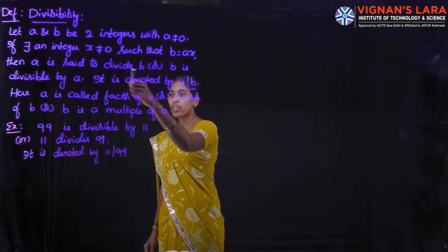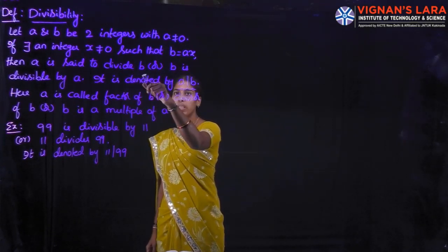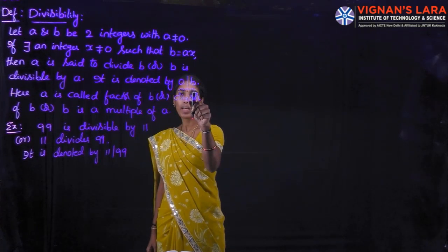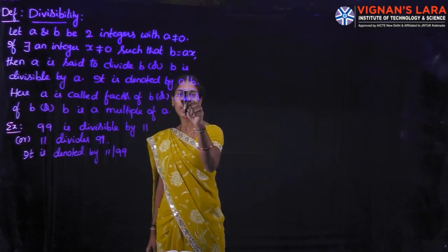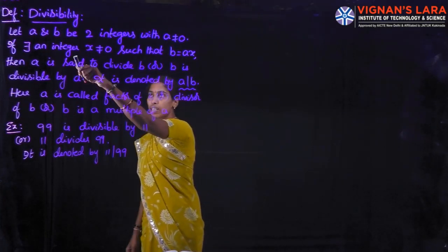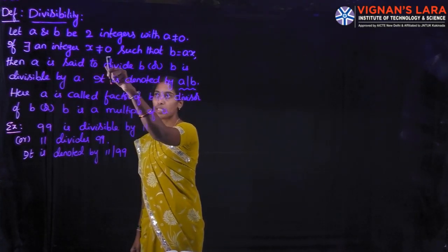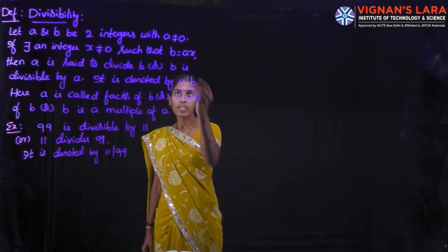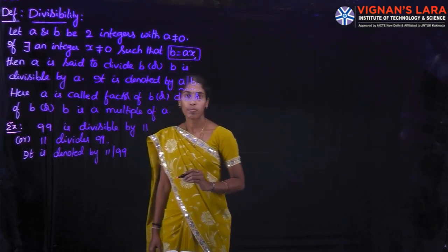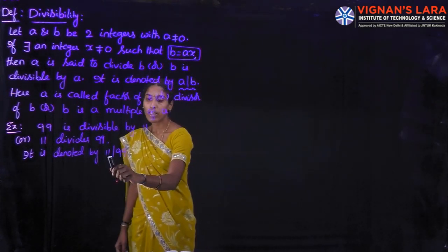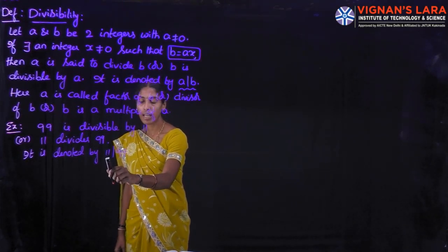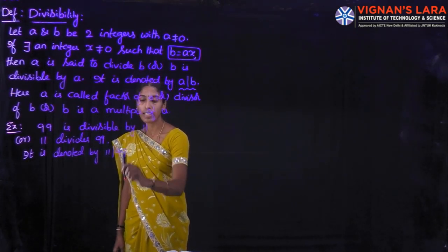If a is said to divide b or b is divisible by a, it is denoted by a divides b. The meaning of this is that there exists a non-zero integer x such that b is equal to ax. If we observe here, we are saying that 11 divides 99. In the place of a, 11 is there. In the place of b, 99 is there.